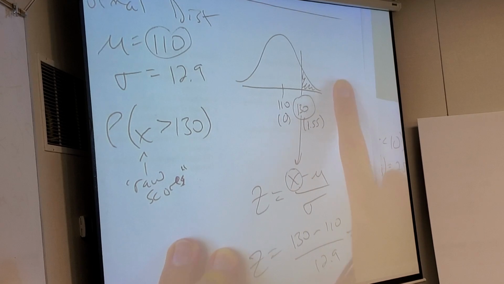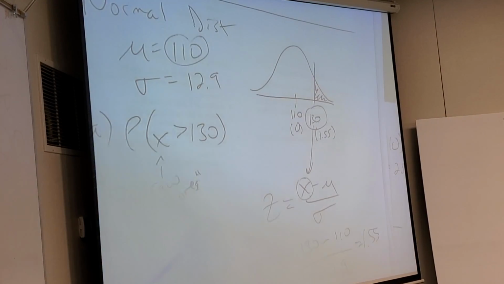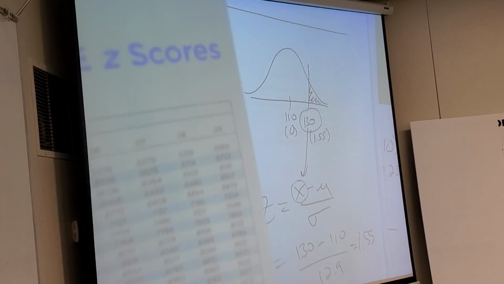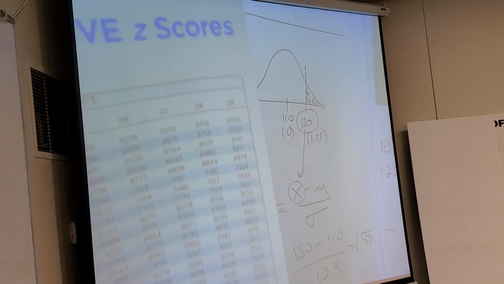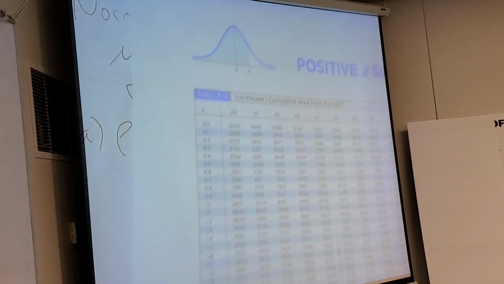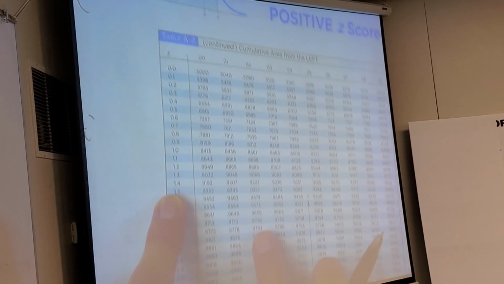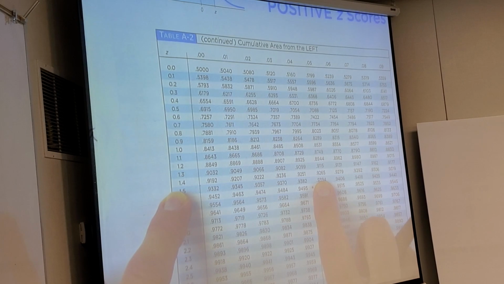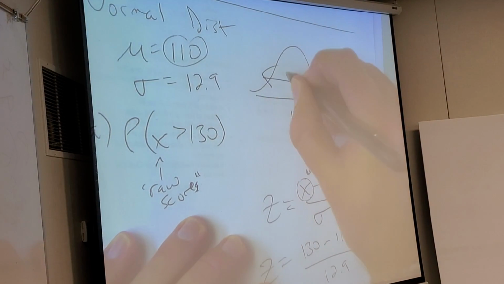That's not going to be the answer yet. So what do you get when you look up 1.55? I get 0.9394. That would immediately go right there.